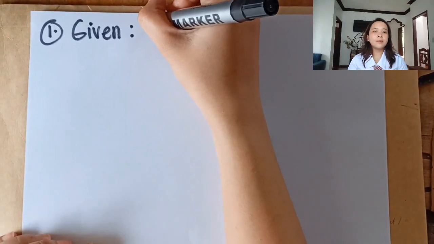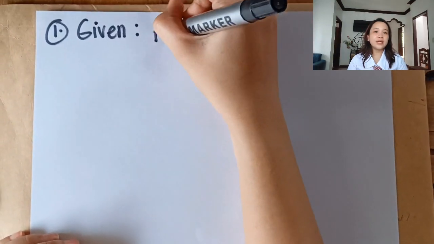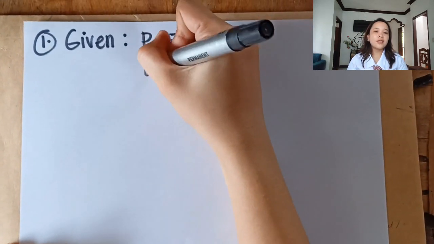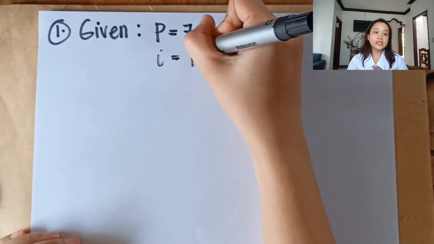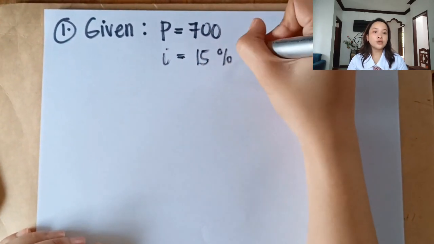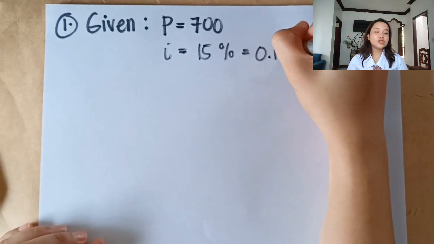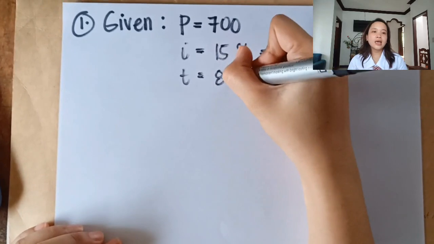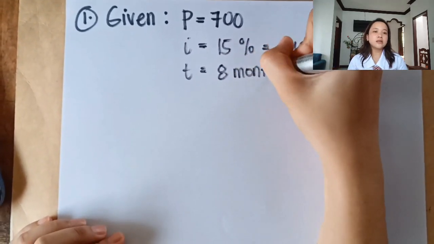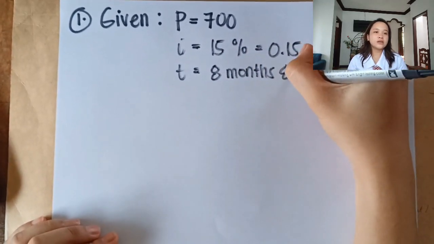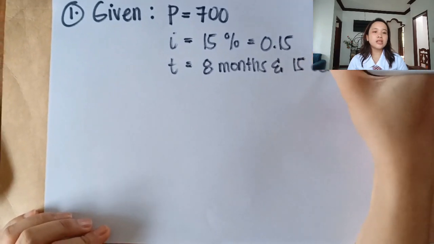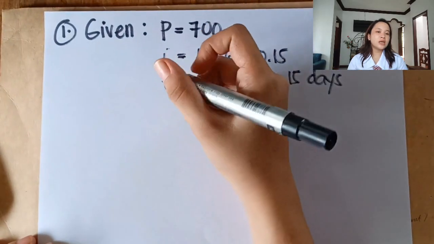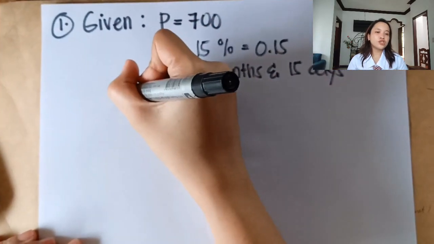In this problem, we are given the principal amount, which is 700 pesos, and the rate of interest, which is 15%, and we will use the decimal form of it, which is 0.15, and the time, which is 8 months and 15 days. So to convert 8 months into days, we will do this conversion.